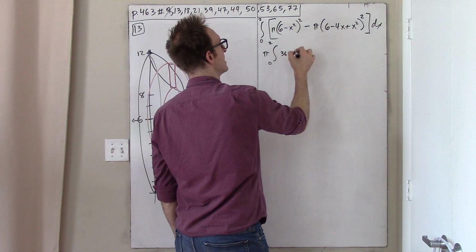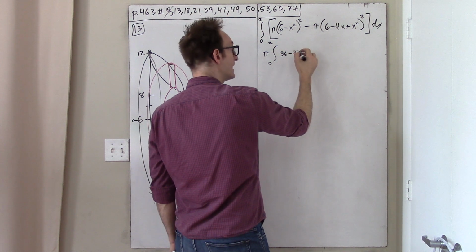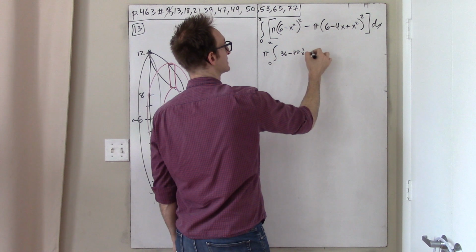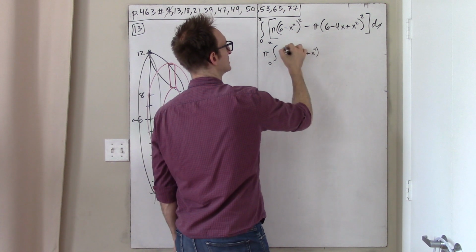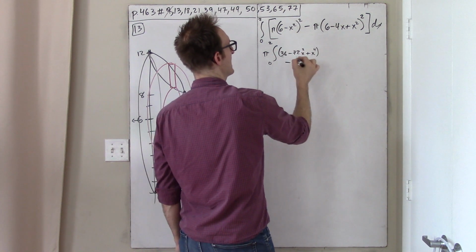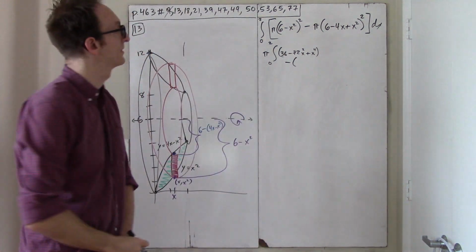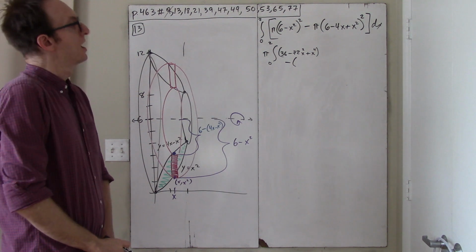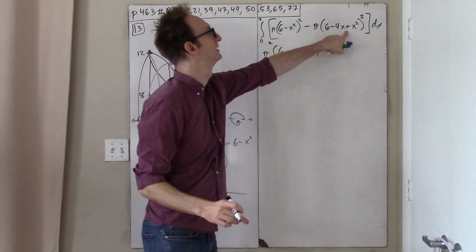It's 36 minus 12x squared plus x to the fourth. And then minus, that's just what happens when you square 6 minus x squared. And then over here, oh man.